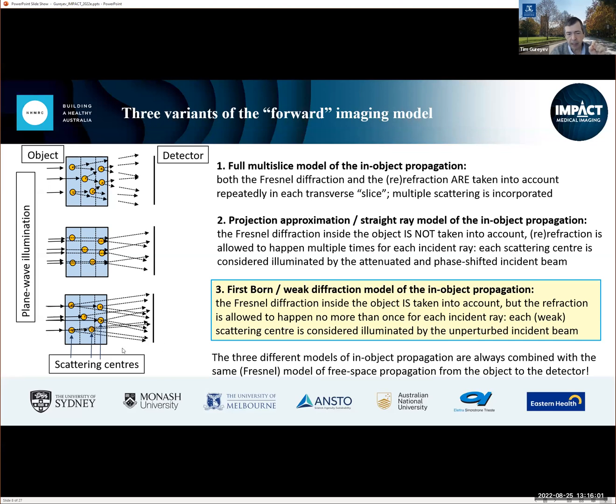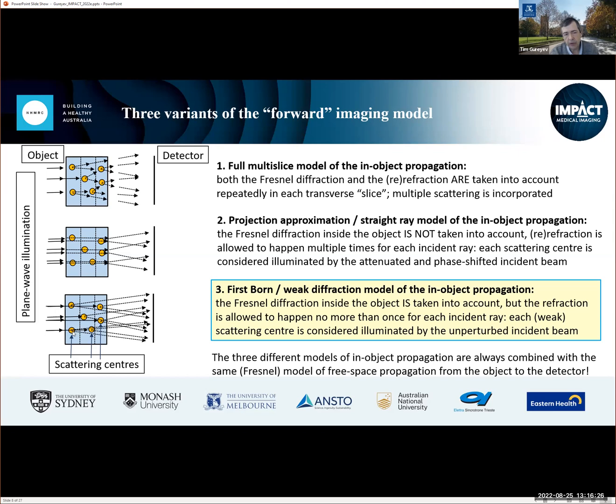Another way to simplify the problem is to use the so-called first Born or the weak diffraction model, which is actually the basis for the new method which I'm going to describe today. In this model, the Fresnel diffraction inside the object is taken into account, but any scattering is allowed to happen only once for a given X-ray.